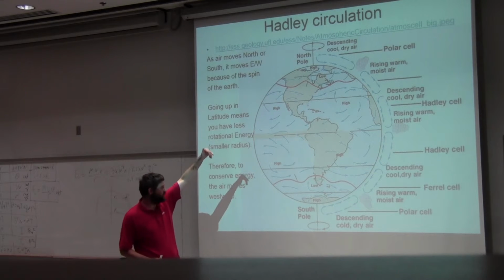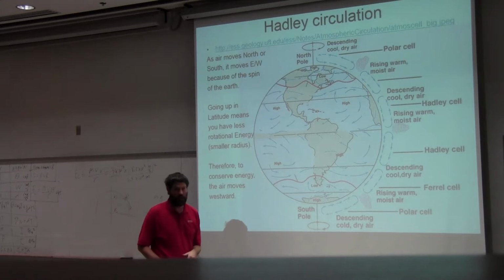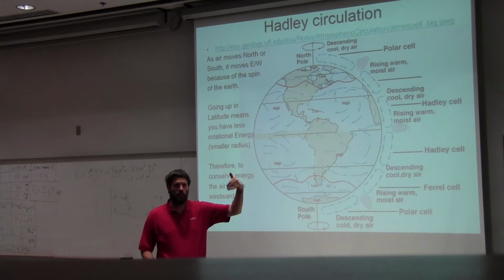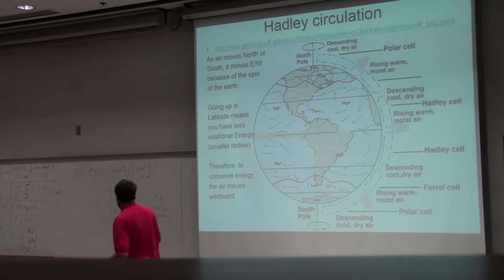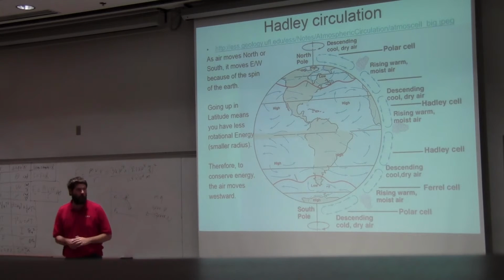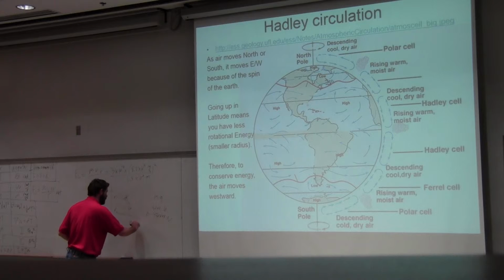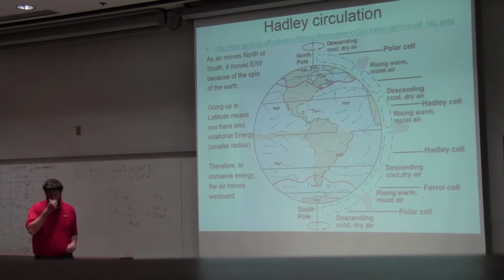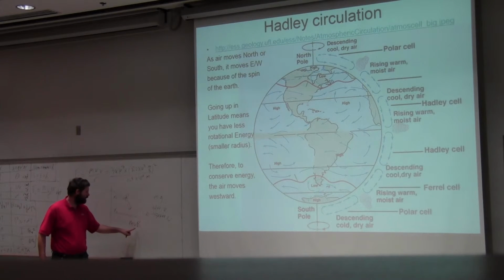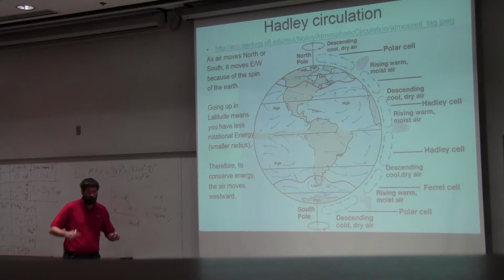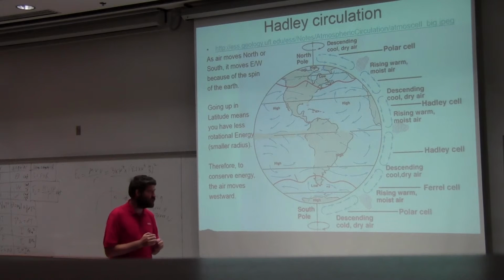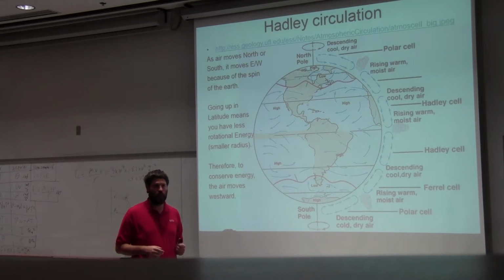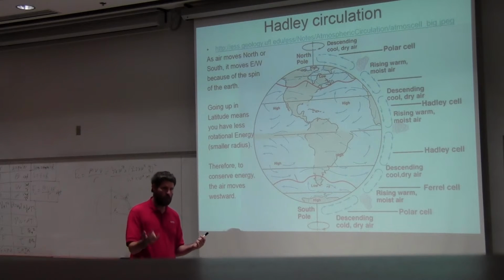Now the air that's coming south from the middle latitudes is now going to a larger and larger radius, which means that as it gets to a bigger radius, for angular momentum to be conserved, which is mvr, as the r gets bigger, v has to get smaller. Remember, it's rotating around the Earth once per day. So as v gets smaller, it has to rotate slower around the center of the Earth, which means it takes more than one day to go around the Earth.